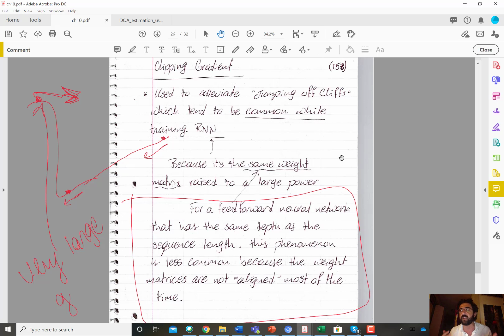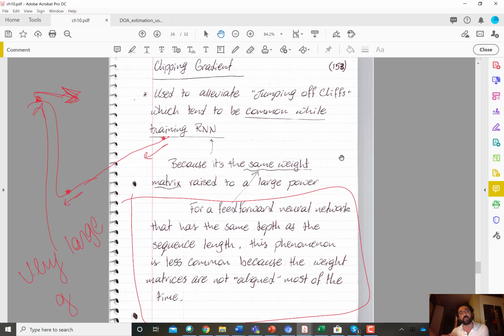There have been a lot of interesting experiments that show that this jumping off cliffs problem is a much milder problem in feed-forward networks than in recurrent networks. Because in recurrent networks, it's the same weight matrix raised to a large power. So it's the same values raised to a large power.